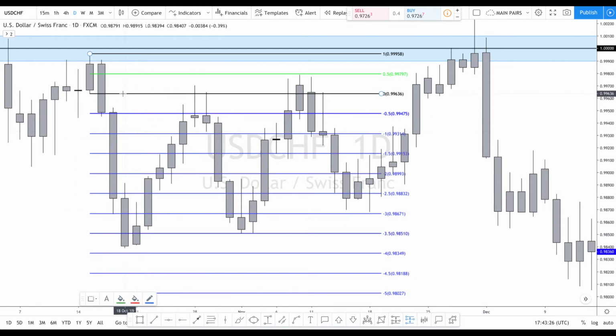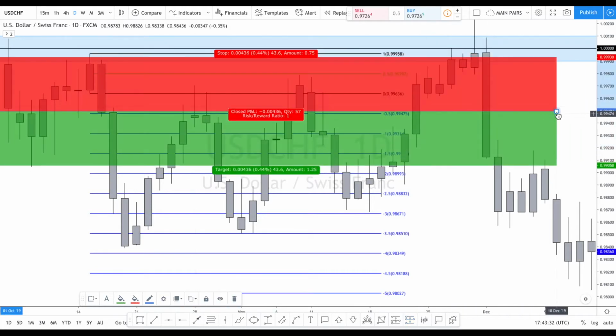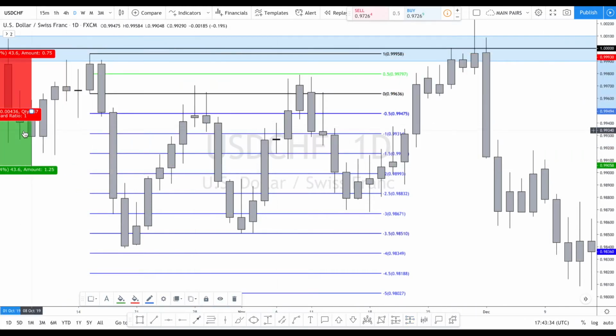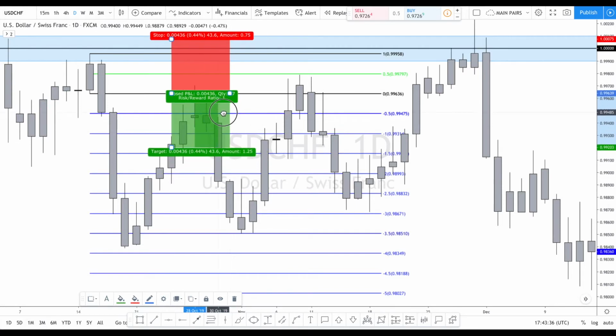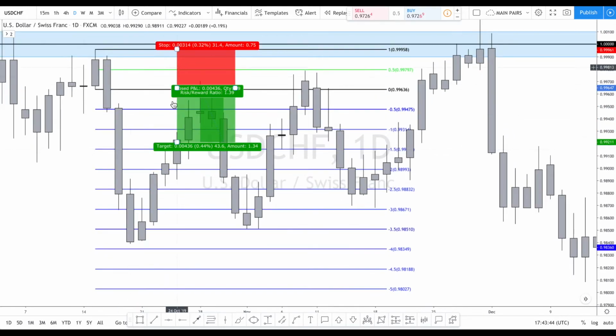If I enter at 0, which would be here, because I'm saying it's touched my supply area, then my stop loss, just like my fib, will be at the top.